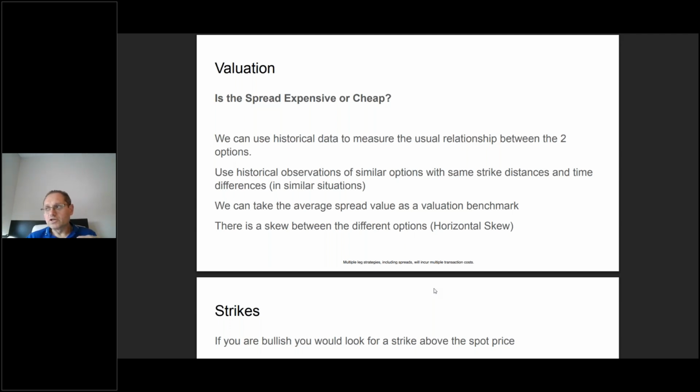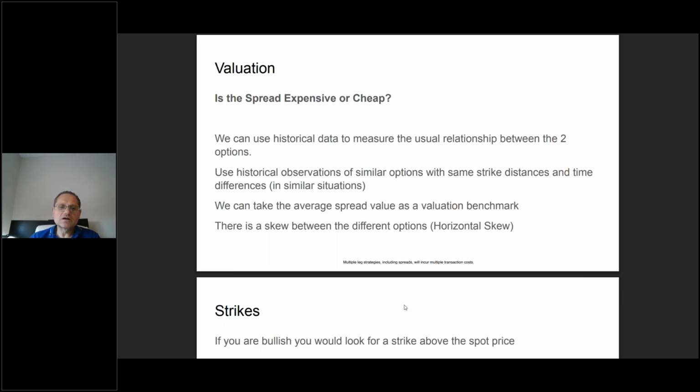It could be sloping up. It could be sloping down. It could be flat at times. So what we want to do is take a benchmark average of those observations to see how far we are away from that average valuation. Okay, so that's what we're going to be doing in our examples.